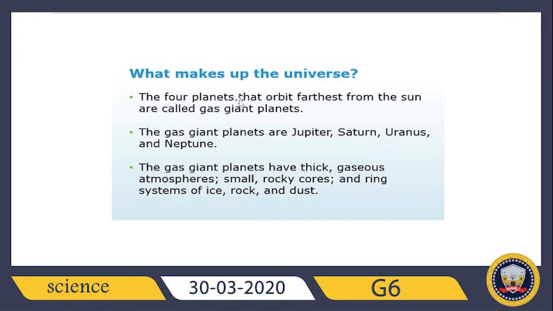The 4 planets that orbit farthest from the Sun are called gas giant planets: Jupiter, Saturn, Uranus, and Neptune. They have thick gaseous atmospheres, small rocky cores, and ring systems of ice, rock, and dust.